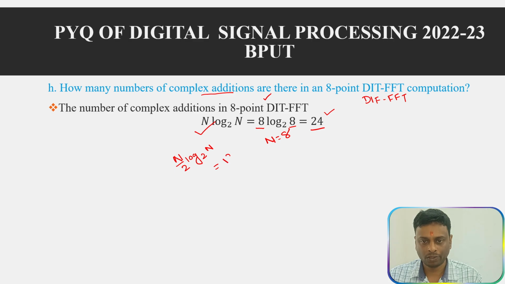That will be 12. It is the same for DIT-FFT and DIF-FFT. The number of complex additions will be N log2 N and the number of complex multiplications will be N by 2 log2 N.